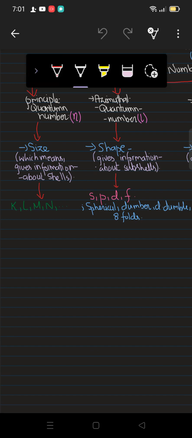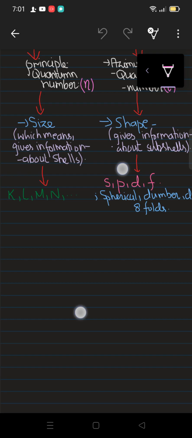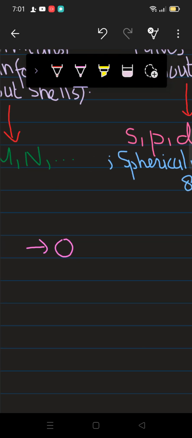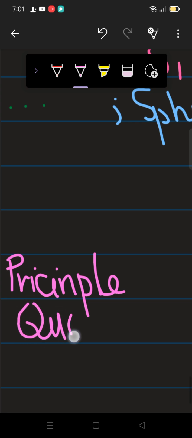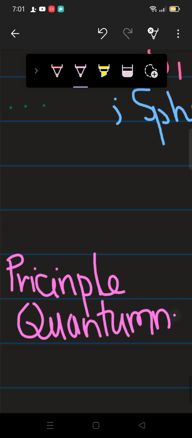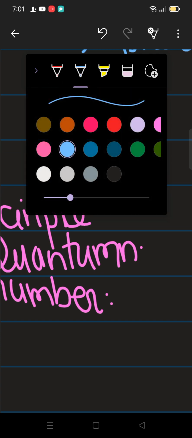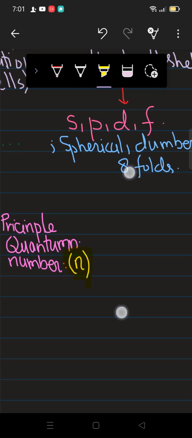All right, initially for discussing each and everything in great detail, I need to write the quantum numbers here. Initially the principal quantum number, which is of course denoted with the letter N. That I should make with white and highlight with yellow, alright.